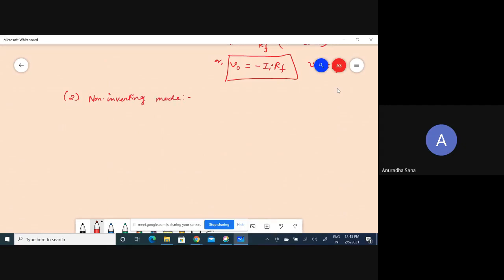If it is not mentioned in the question whether you should follow the inverting or non-inverting one, and you are straight away asked to describe the operation of an I to V converter, you will have to show both modes. The same is applicable for the V to I converter as well.